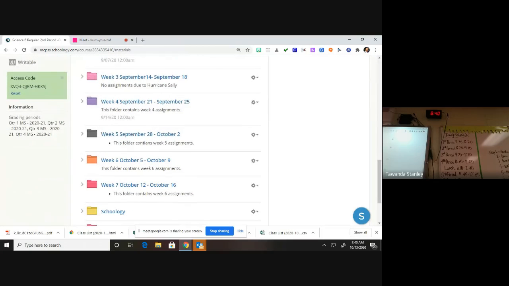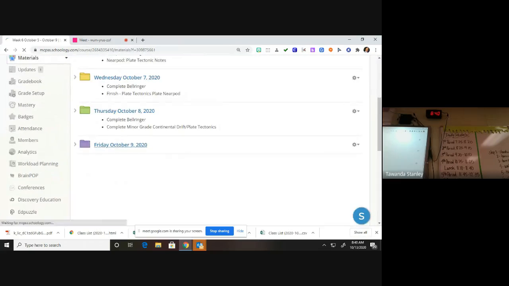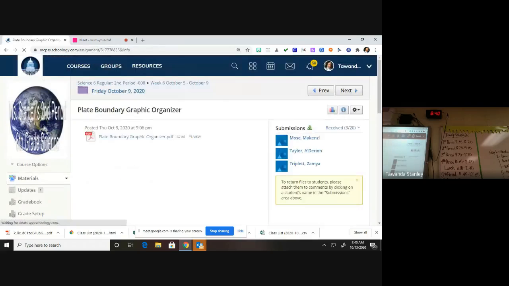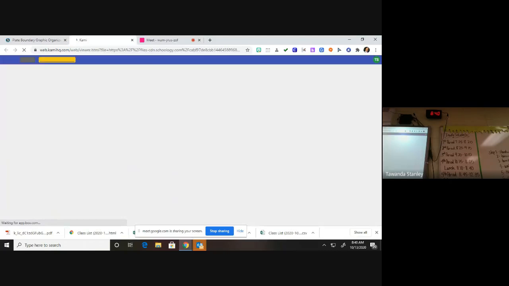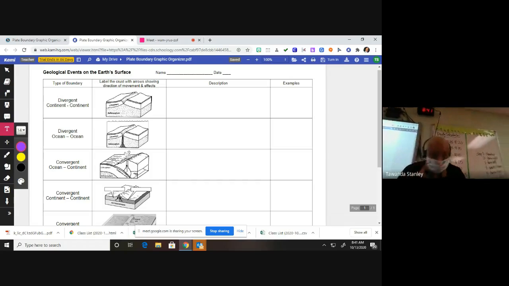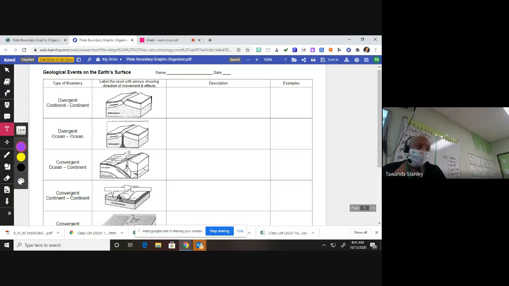Please go to Friday of last week. It's called Plate Boundary Graphic Organizer, and we're going to go over that next. I want you to open it, and we're going to complete it together.